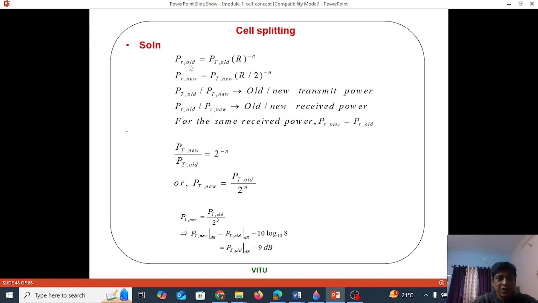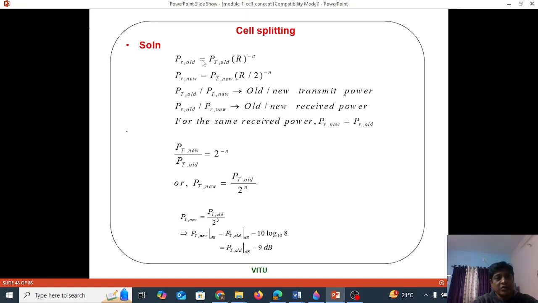So PR old is the old receive power, PR new is the new receive power, PT old is the transmit power before splitting, and after splitting the transmit power is PT new.